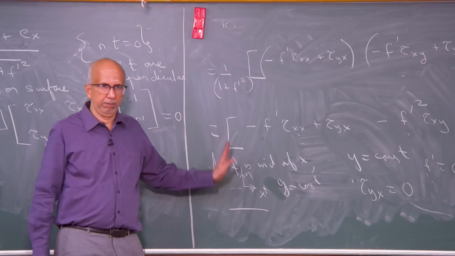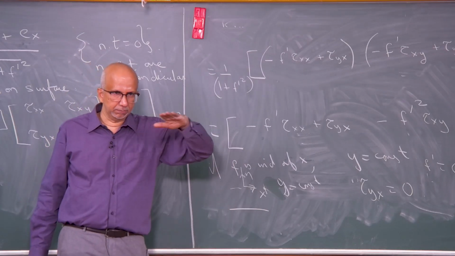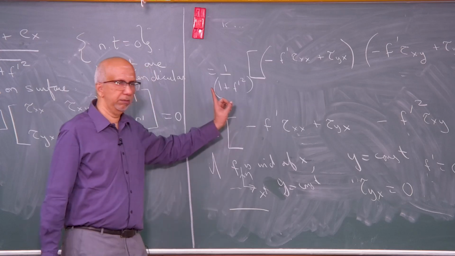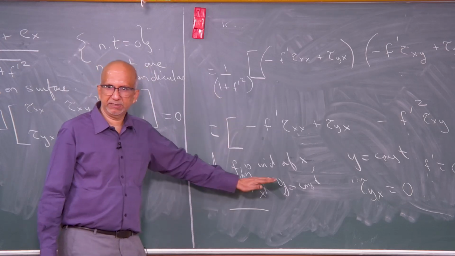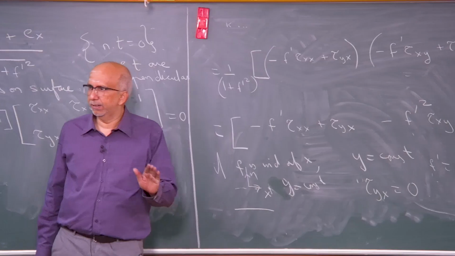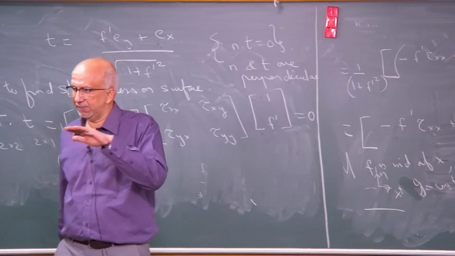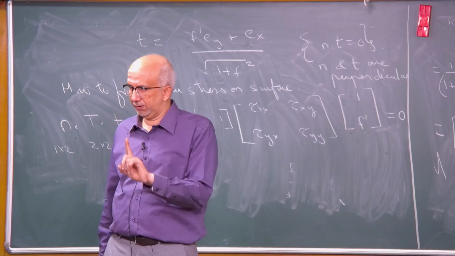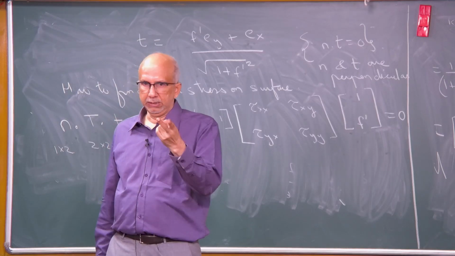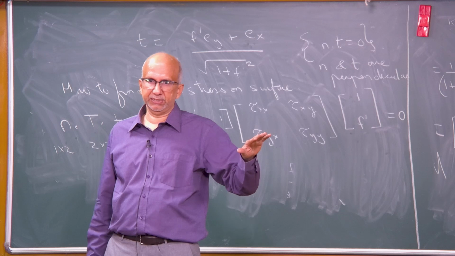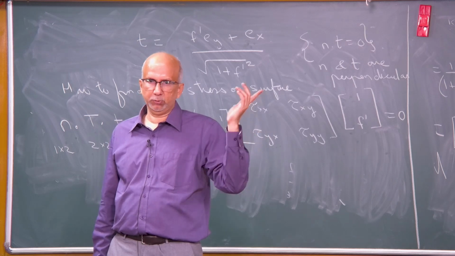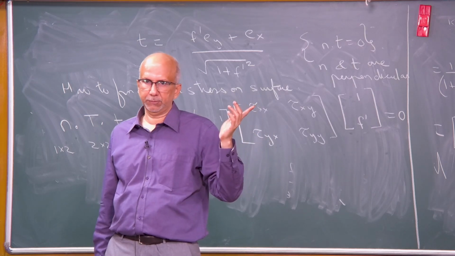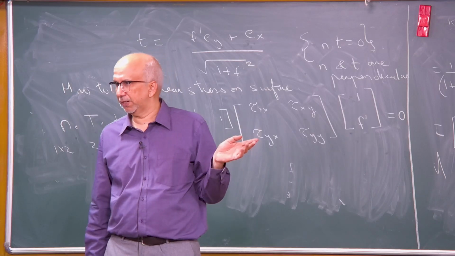Agreed. Now, the interface is flat, the normal is in the y direction, the tangent is in the x direction, and we said tangential stress should be 0. Tau yx, the first subscript tells you the direction of the outward normal, the second subscript tells you the direction of the stress. So, tau yx is 0, which is what you expect for a free surface. So, most probably what I have done is right.